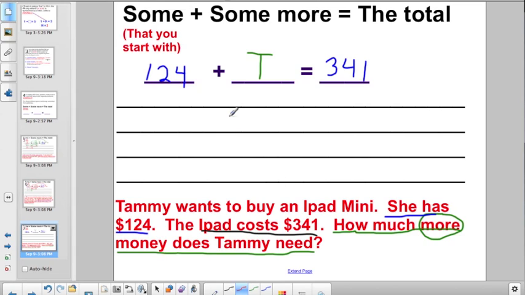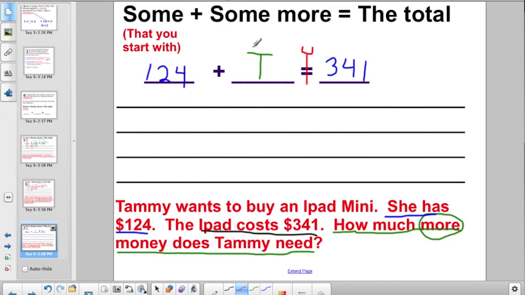Do I have to combine terms? Well, we always look at the equal sign. That's our goalpost. Do I have to combine terms on the left side? No, I do not. Do I have to combine terms on the right side of the equal sign? No, I do not. Let's go ahead and start by isolating the variable.